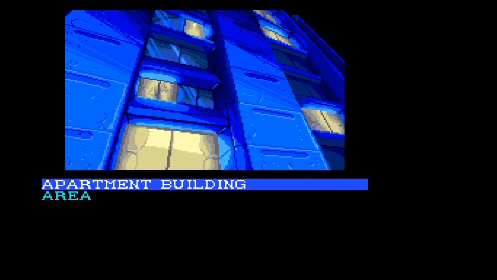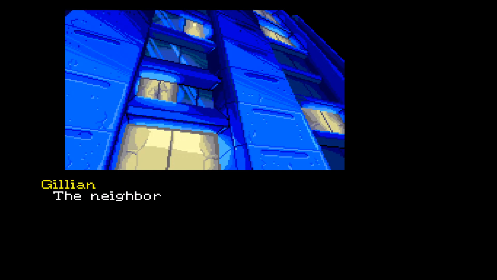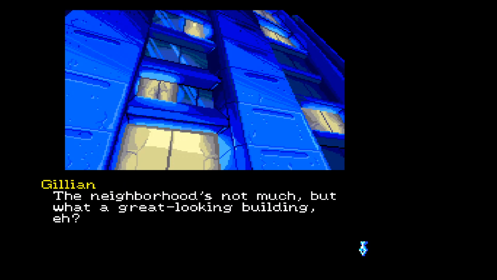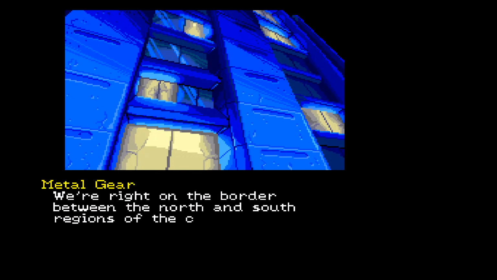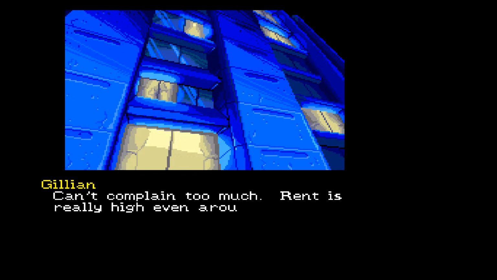Alright, this is the apartment building that the government made available for you. The neighborhood's not much, but what a great looking building, eh? We're right on the border between the north and south regions of the city. It is not exactly what you would call the best neighborhood. Can't complain too much. Rent is really high even around here.